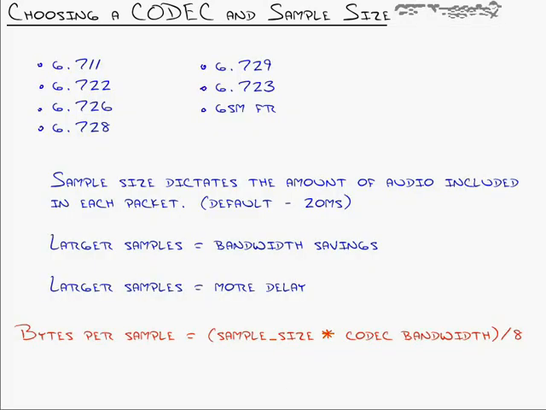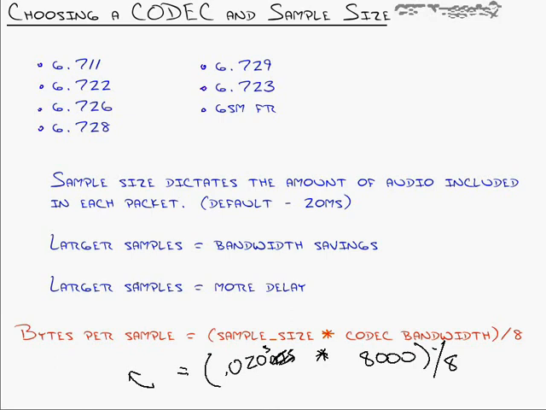Well, first thing we've got to figure out for G729, I said it was a 20 millisecond sample size, which is 0.02 seconds sample size that's being used, times the codec bandwidth, which was 8,000 bits per second, divided by 8, and that will give us how many bytes per sample G.729 will use.